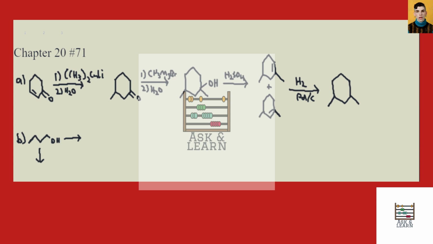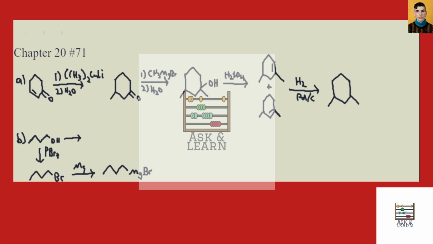And so the first thing that we can do is use PBr3 to go from the alcohol to the bromide, and then treat that with magnesium metal. And so now, of course, we have butyl Grignard reagent.